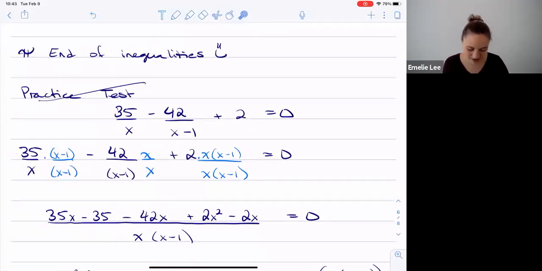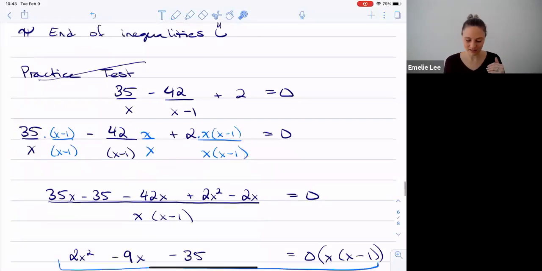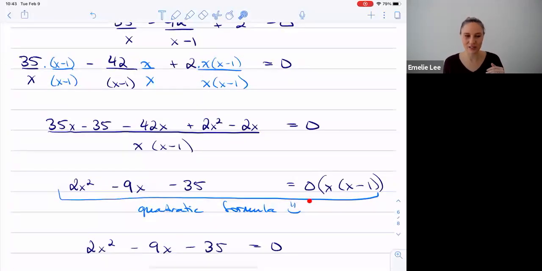The hard part is finding that common denominator, and forcing that common denominator. I'd say that's the hard part. And then making it look like a quadratic formula. Okay, now we know what we're doing.